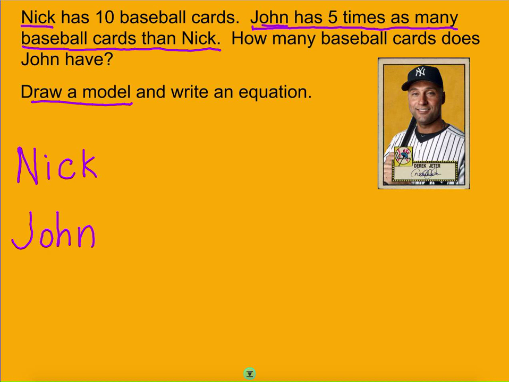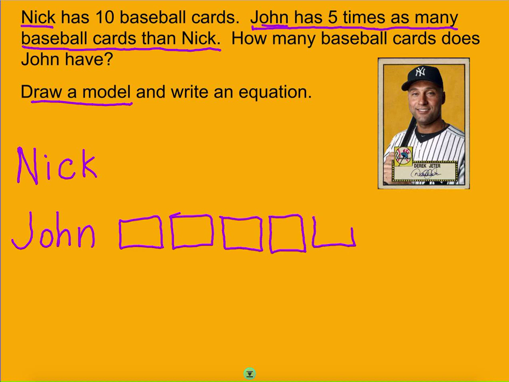Because he's going to have 5 times the amount of Nick. So I'm going to draw the 5 bars. 1, 2, 3, 4, 5. 5 bars next to John. And if he has 5 times as many, that means Nick only has 1. Nick has 1. So now I have a whole bunch of empty boxes, right?